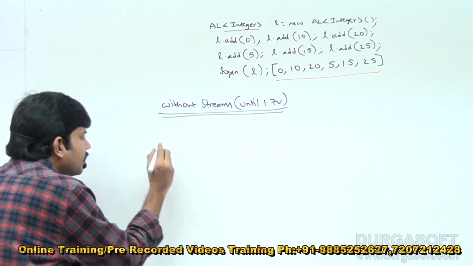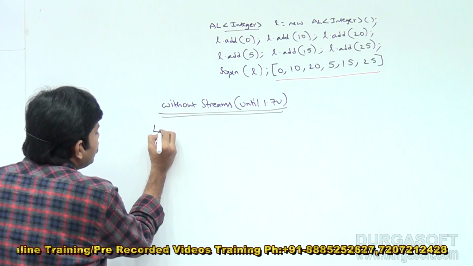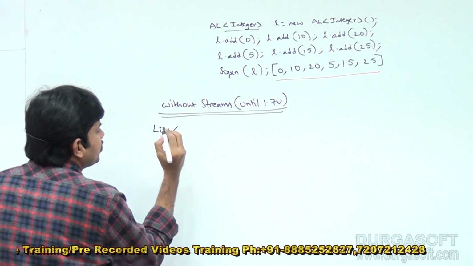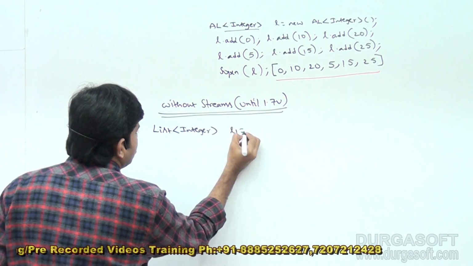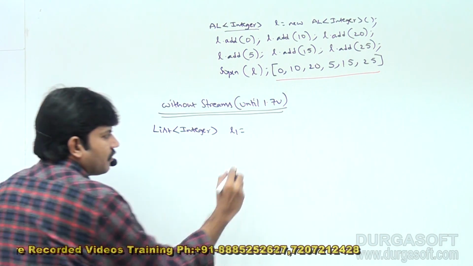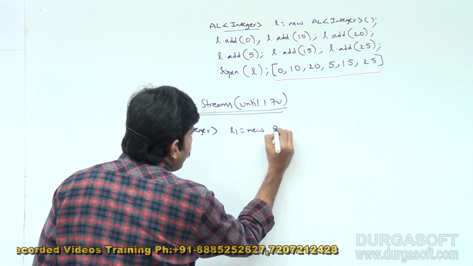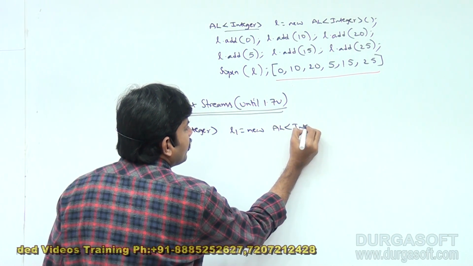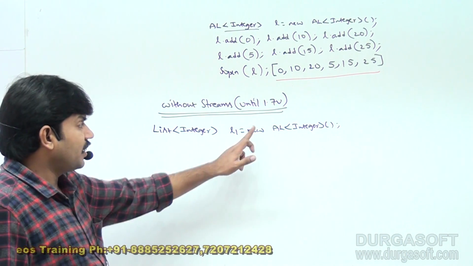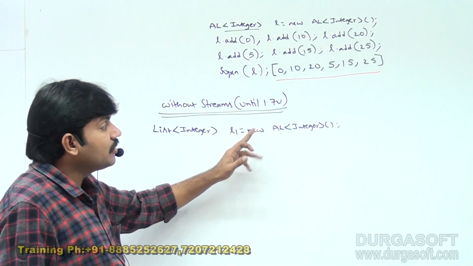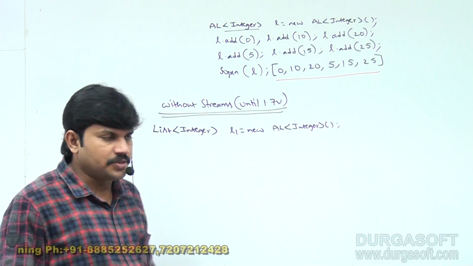That's why let me create one list object. List of Integer L1 is equal to new ArrayList of Integer. I created one new ArrayList object to hold Integer type of objects.